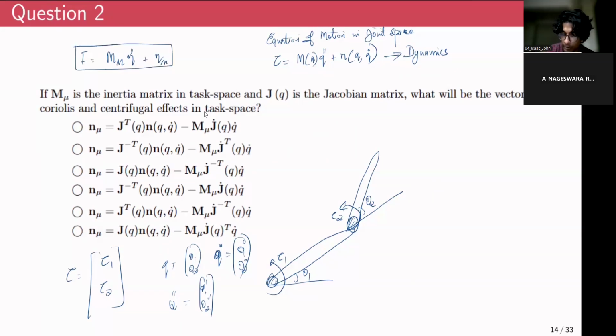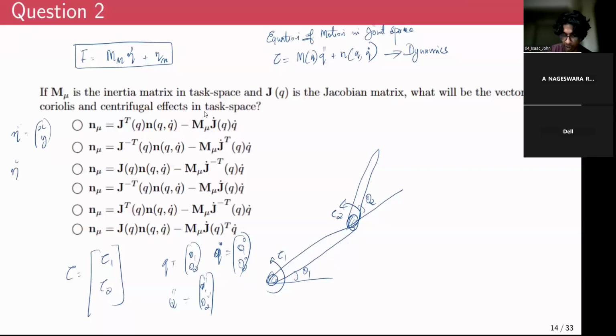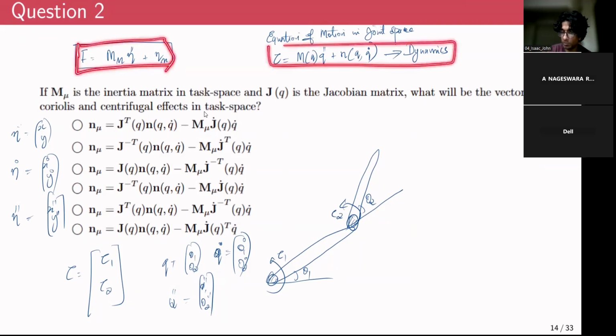This is how the equations of motion would look in task space, where eta would be a vector of Cartesian positions x and y. Eta dot would be x dot and y dot, and eta double dot would be x double dot and y double dot. So you can represent the equation of motion in task space or in joint space, whichever coordinates you wish.